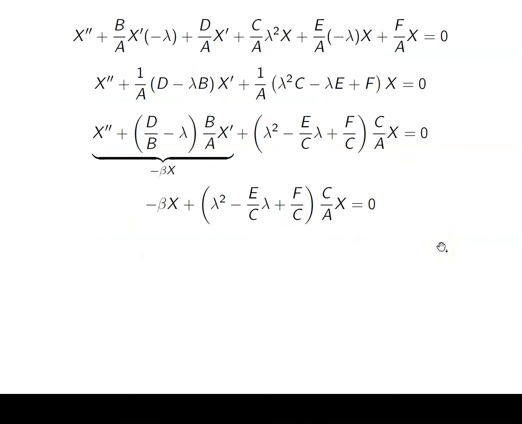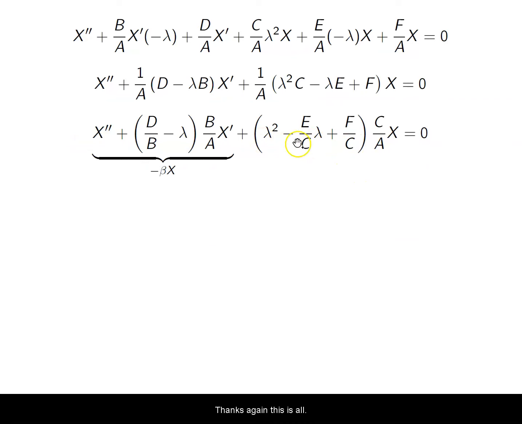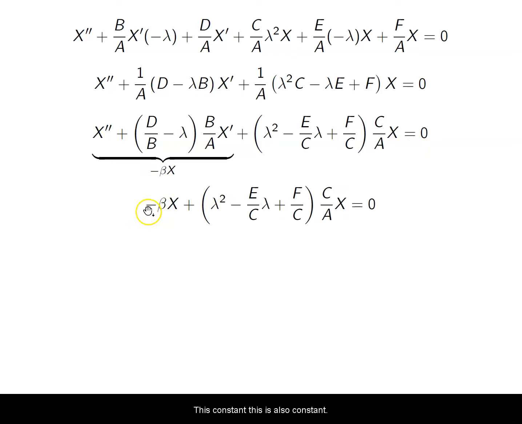Okay, let's go back here. So again, this is all one single constant. This is a single constant, but I know that this entire term is negative beta over x. So negative beta over x times some other constant times x equals 0. If I make that substitution, this is also a constant.